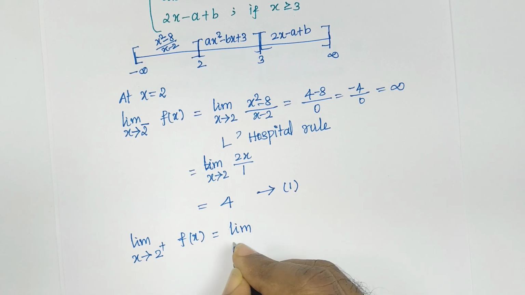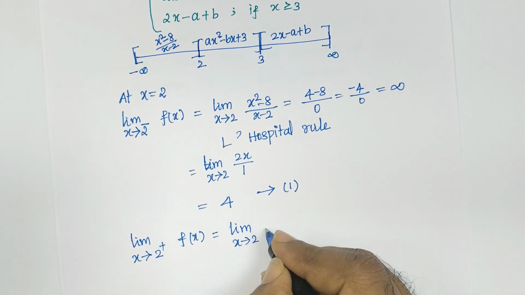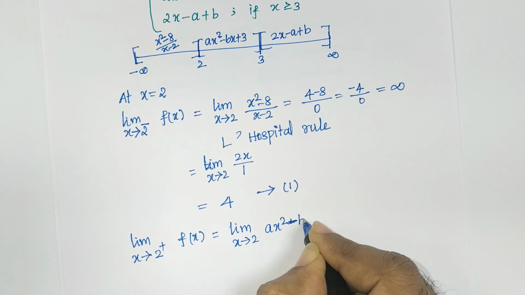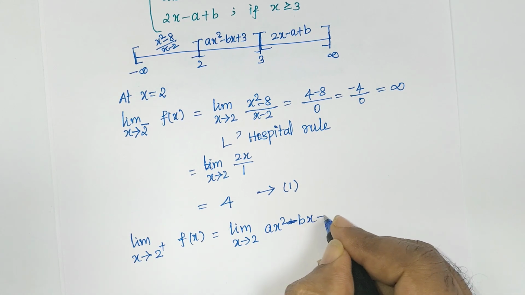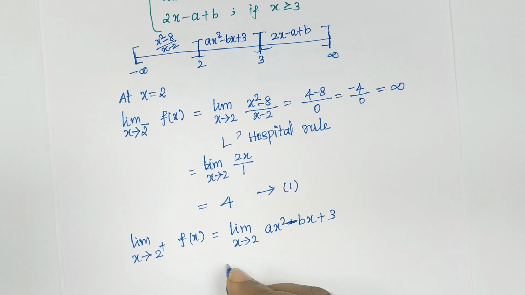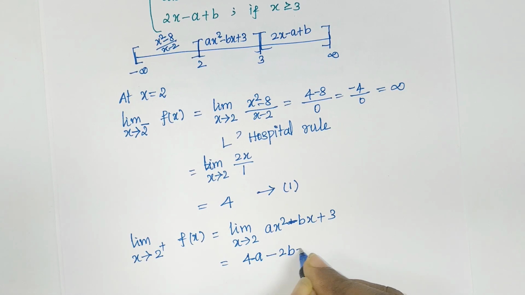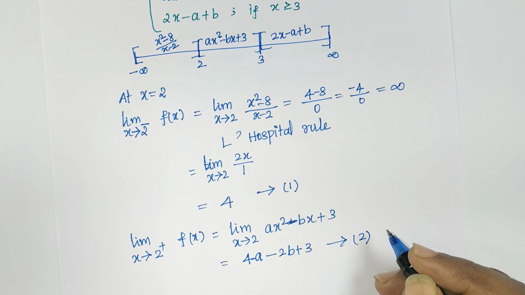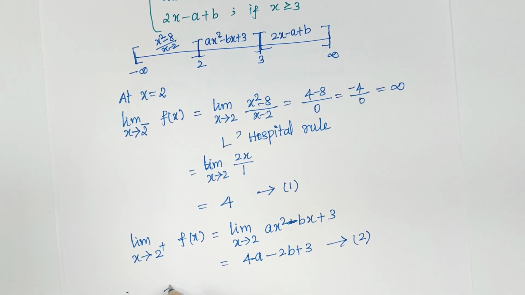Limit x tends to 2, right hand side function is ax square minus bx plus 3. Here you can substitute x equal to 2. You will get 2 square, that is 4a minus 2b plus 3, which is equation number 2. The question itself they told f is continuous, right?